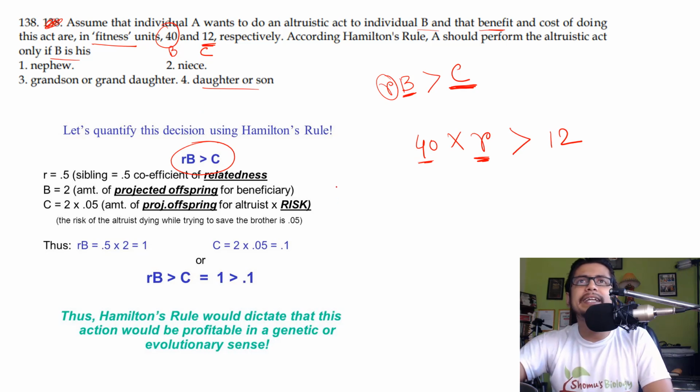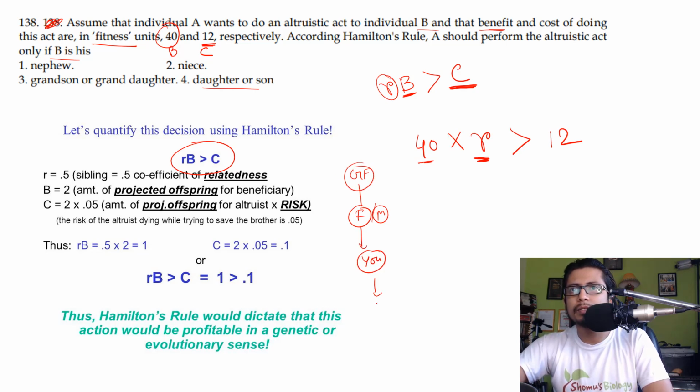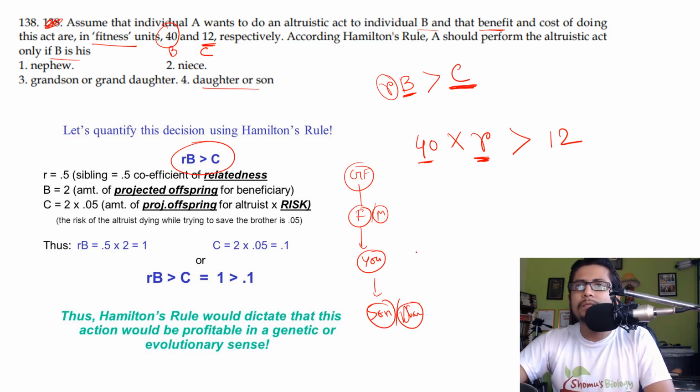So the genetic relatedness between, let's say this is your father or mother, whoever it is. This is your grandfather. This is you, your son or daughter. So your brother.